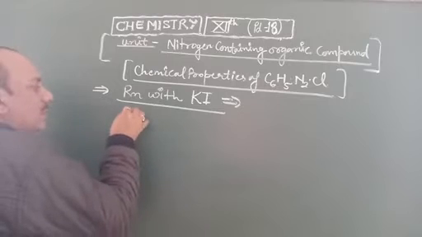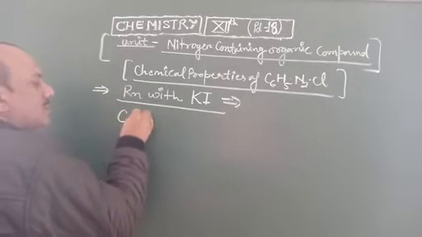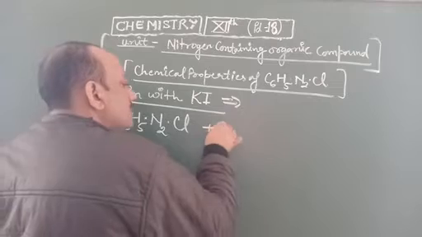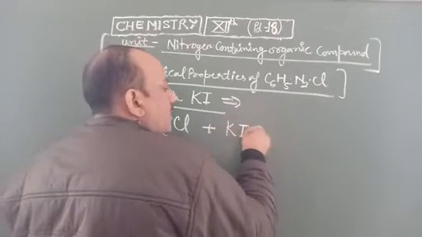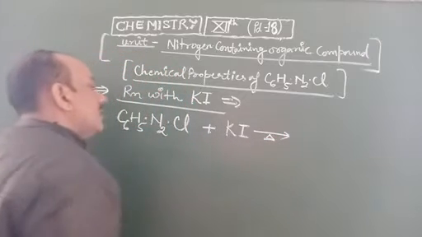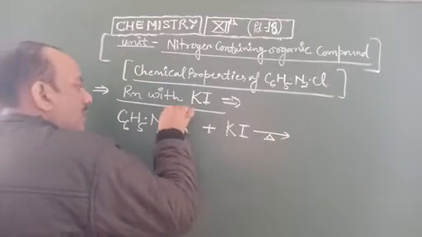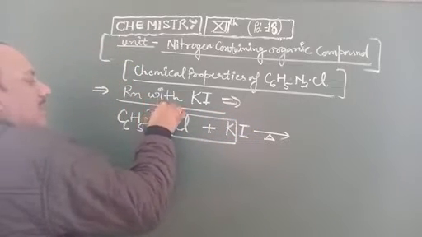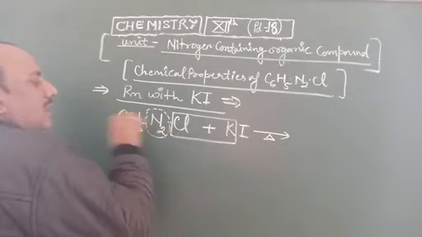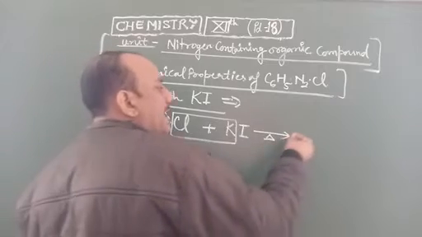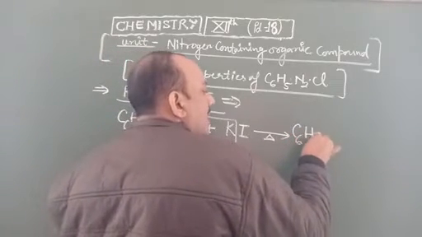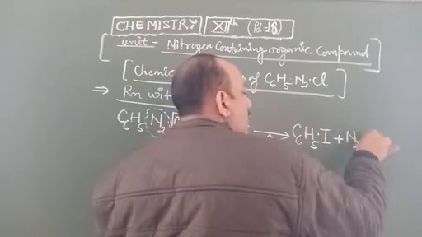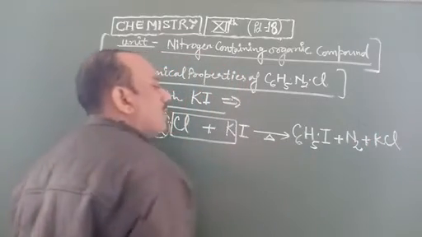It reacts with benzene diazonium chloride, C6H5N2Cl, plus potassium iodide KI, to form potassium chloride KCl and nitrogen in gaseous form, and iodobenzene C6H5I plus N2 plus KCl.